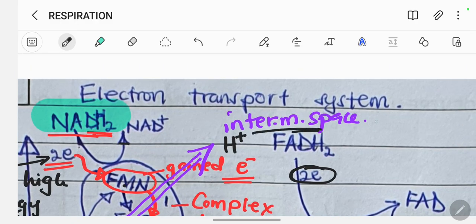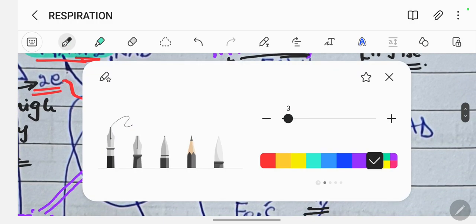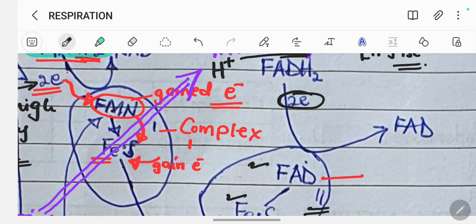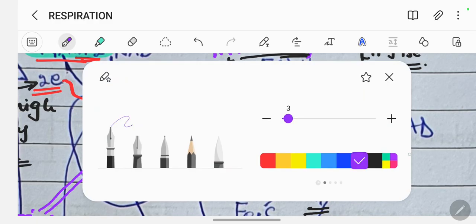And the end result is going to be an increase in concentration of hydrogen ions within the intermembrane space.